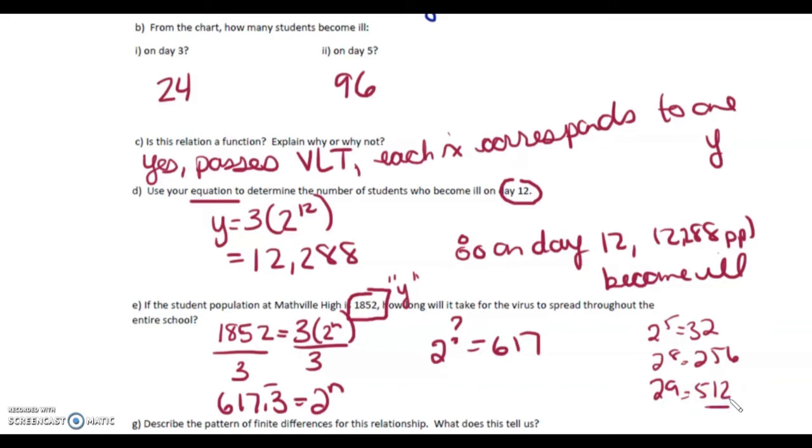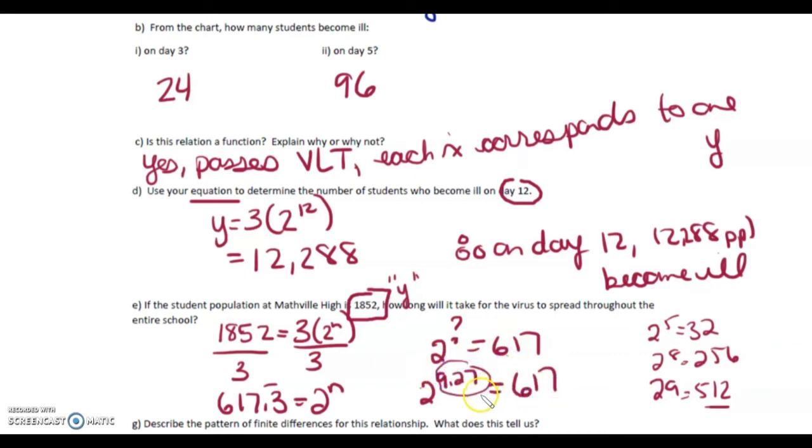9.5, 9.4, 9.3. I'm going to go to 2 decimals, 9.28, 9.27. So 2 to the 9.27 equals that 617.